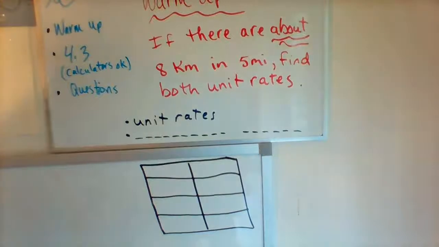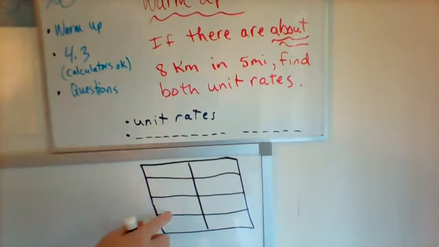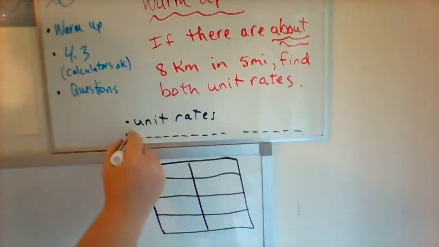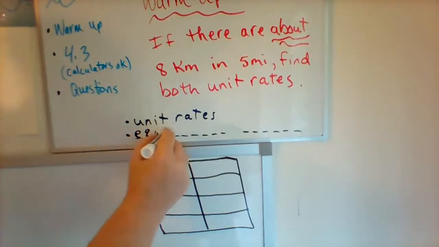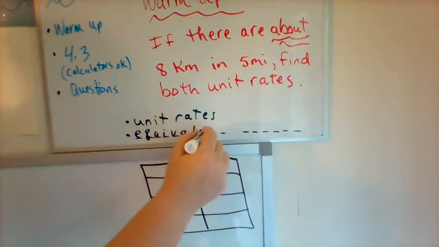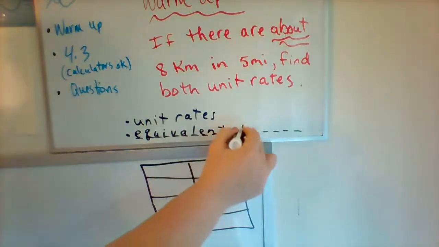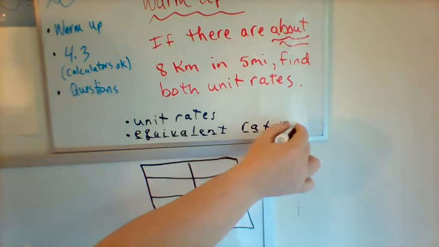Equivalent ratios, that's right. We used tables and double number lines to represent unit rates and equivalent ratios in Unit 2. And that's not going away in Unit 3 if we're building on it.